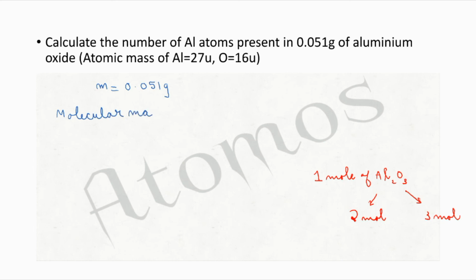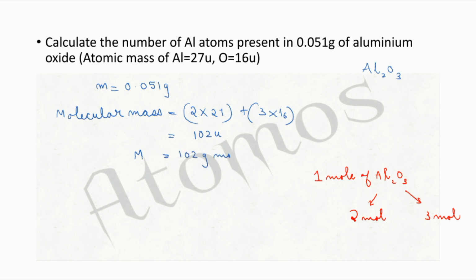Molecular mass will be equal to 2 aluminium atoms, so 2 into 27, plus 3 oxygen atoms, so 3 into 16. Together if you add, you will get 102 units. This is the molecular mass. If so, the molar mass of aluminium oxide will be 102 gram per mole.